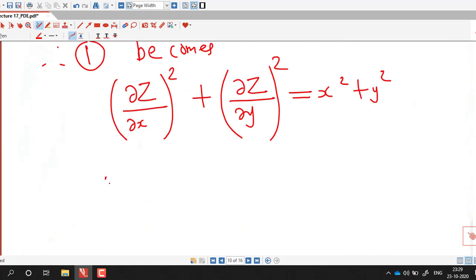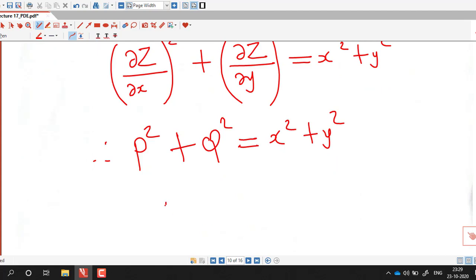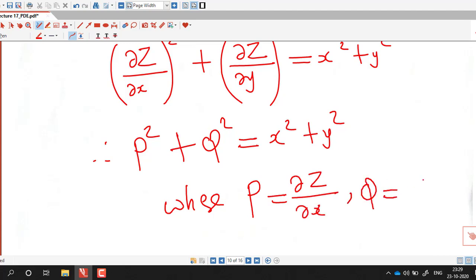Now if I assume that capital P is del capital Z by del x and capital Q is del capital Z by del y, I will have P square plus Q square equal to x square plus y square. So you can see this equation is in third standard form.